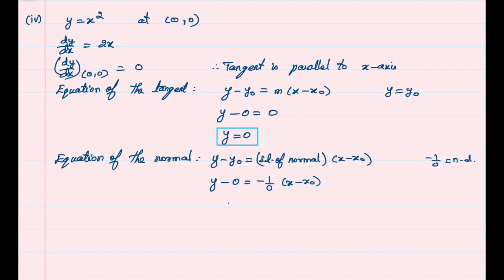So, if we cross multiply, we get x minus x0 equal to 0. x0 is 0. Therefore, the equation is x equal to 0, or directly we may write the answer as x equal to 0 because we know that the tangent is the x-axis at the origin. Therefore, normal will be y-axis through the origin.